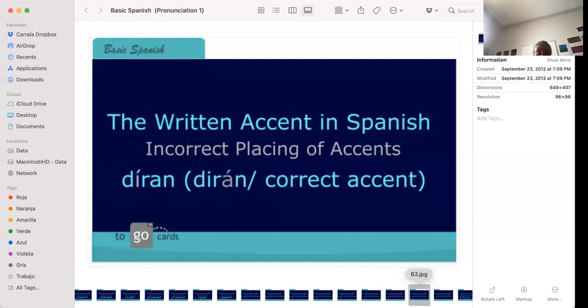Okay, let's see. Dirán, which is the future tense of the verb to say. Diré, dirás, dirá, diremos, dirán. And the accent is correct in the parentheses where dirán is incorrect.